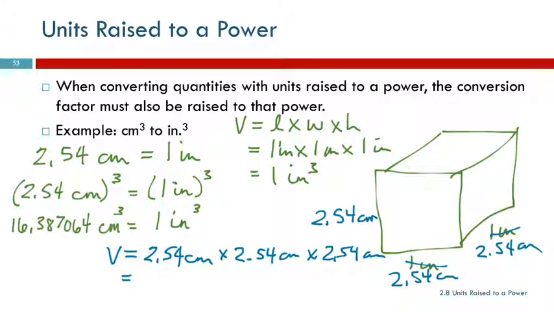Is that 2.54 cubic centimeters? No, it's 2.54 times 2.54 times 2.54, which is 16.387064 cubic centimeters. You have to cube the unit as well. If you're dealing with square units, then you square the numbers. Okay?